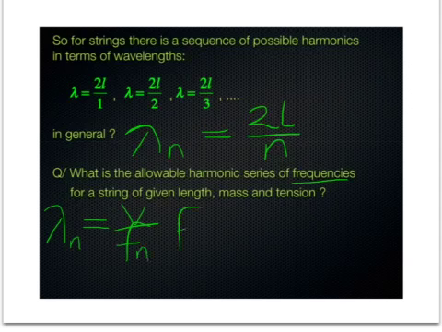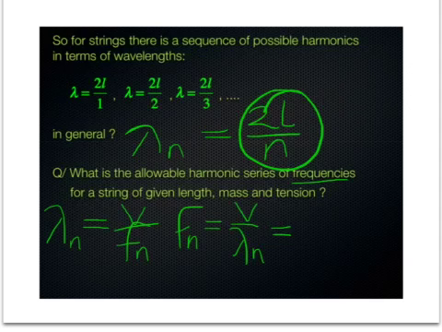Now, rearranging that to make the frequency the subject, we of course divide the wave speed by the wavelength, and then we can substitute in this general formula here instead of the lambda subscript n symbol. So we'll end up with n times v over 2L for any particular frequency of the nth harmonic.